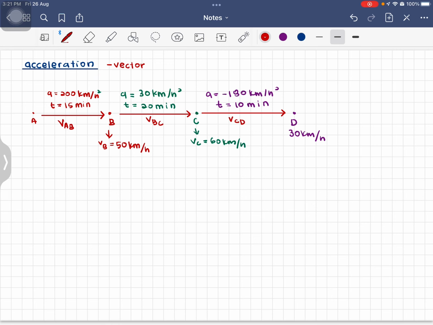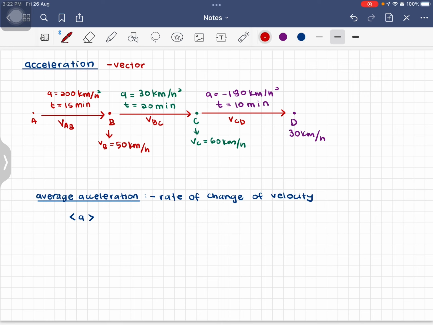Okay, now we have two definitions of acceleration. The first is average acceleration. By definition, average acceleration, which we write with triangle brackets, is the rate of change of velocity.